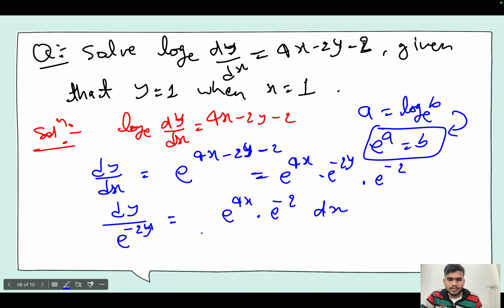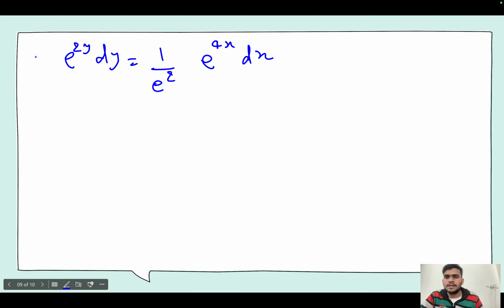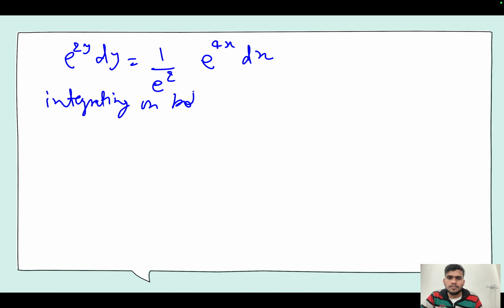Right. Okay, now integrating on both sides. So it will look like this: integral of e to the power 2y dy.